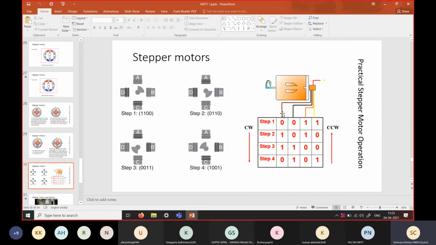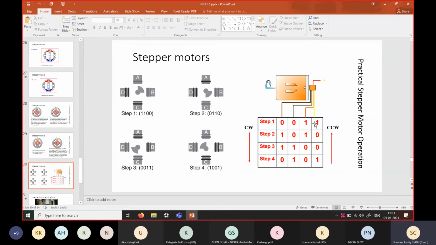So depending on the number of coils, we will have that many wires coming out of the motor. So this is, you can say, one of the disadvantages of the stepper motor. Now these 4 coils we have to individually control. So there should be 4 wires, and they should be supplied corresponding voltages, on and off signals, where 0 indicates off and 1 indicates on.